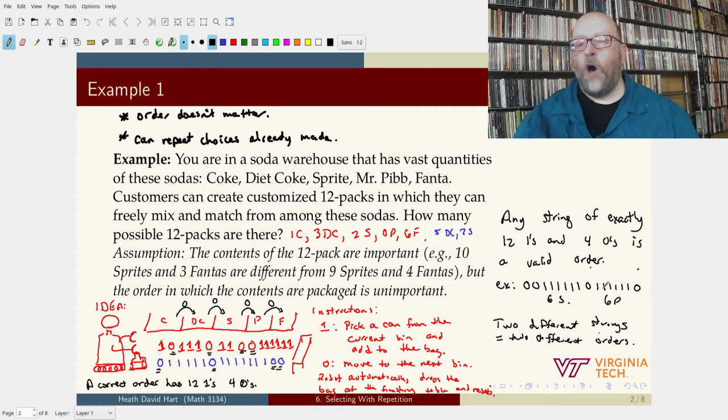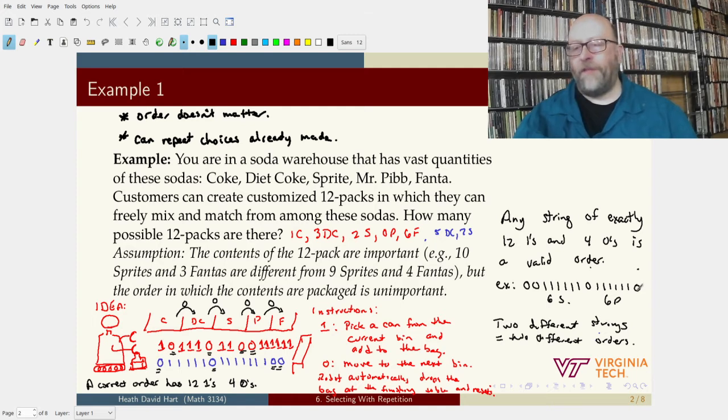There is no other string that would get me 6 Sprites and 6 Pibbs. If I put any ones over here, I would be grabbing some other kinds of sodas. If I put an extra 0 over here, I would overshoot the Sprite bin. And so I would have to start with 2 zeros. I have to have 6 ones to pick the 6 Sprites. I have to have a 0 to get to the Mr. Pibb bin. I have to have 6 ones to pick up all 6 Pibbs.